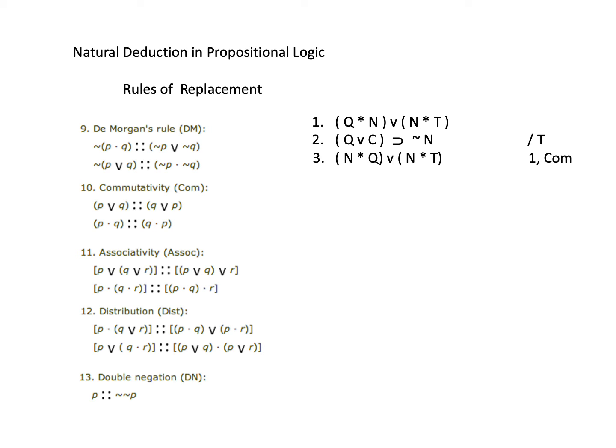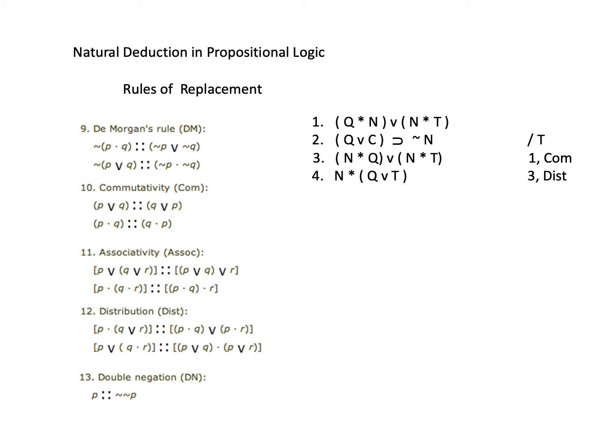So if you look at the rule for distribution, I'm going to be able to pull out N from both sides of my disjunct. And if you remember, what was on the outside of the parentheses goes on the inside, and what was on the inside goes on the outside. So using that rule, we're going to end up with N conjunction Q wedge T by 3 distribution.